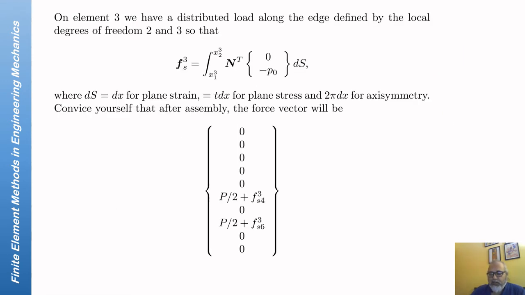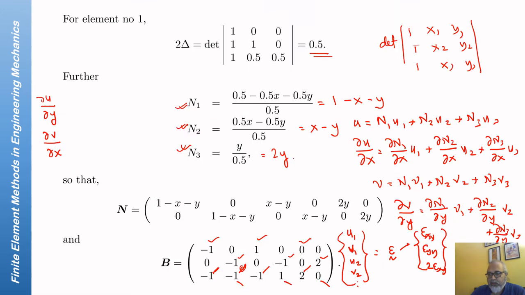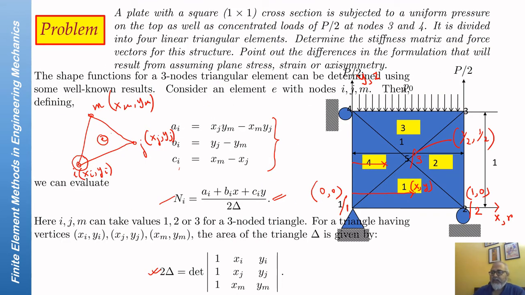Now let us come to the forces. When we are considering element 1, there are no edges on which loads are applied. There are no body forces, so there are no force components that are being generated by this element.